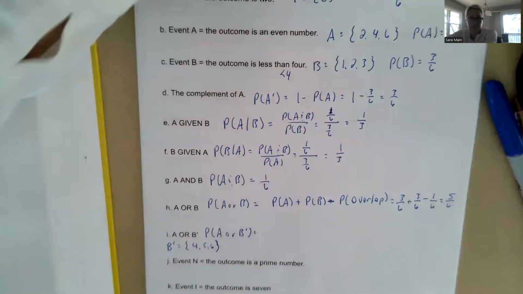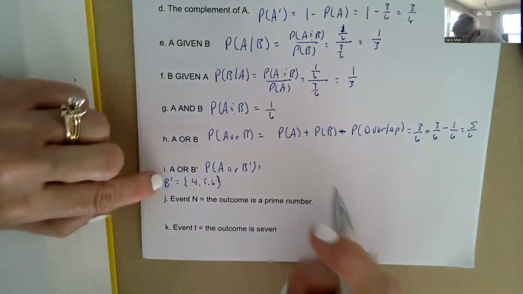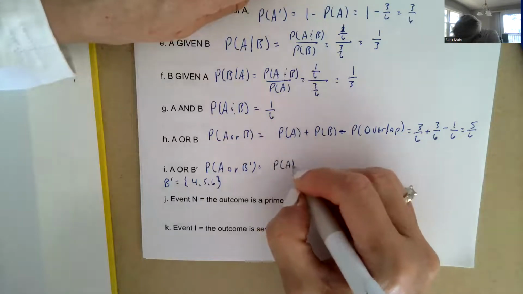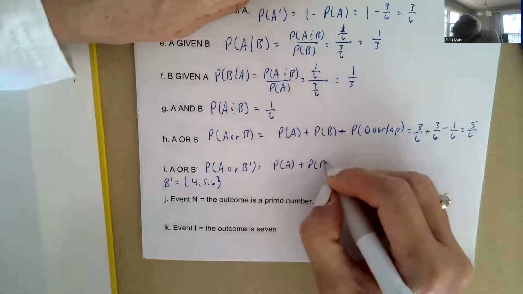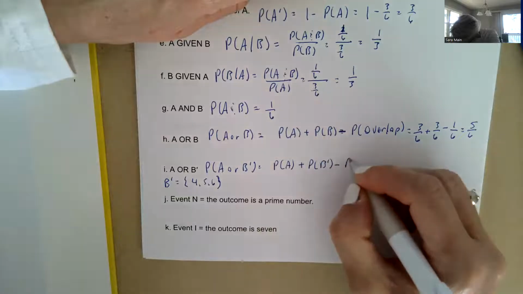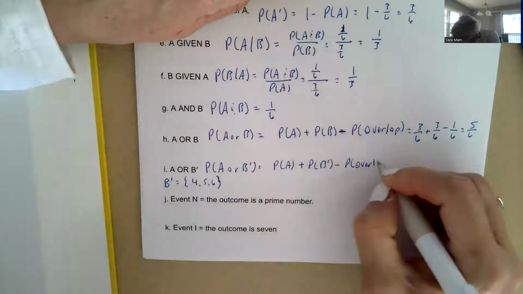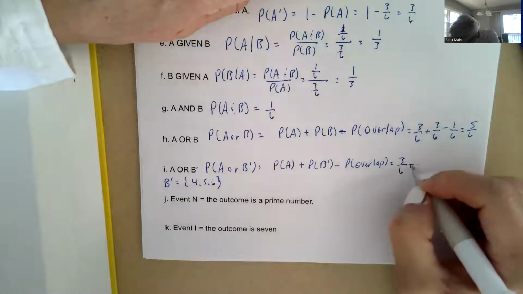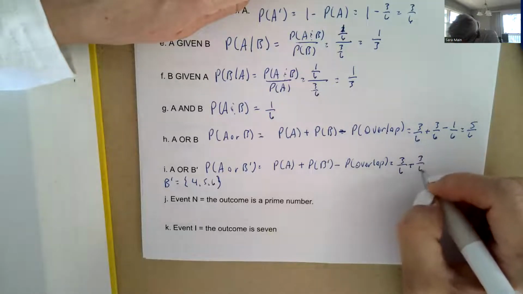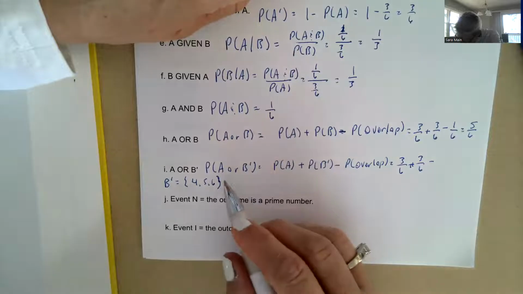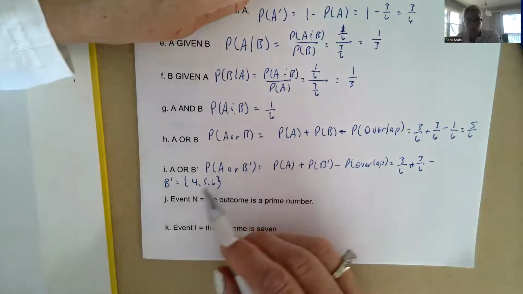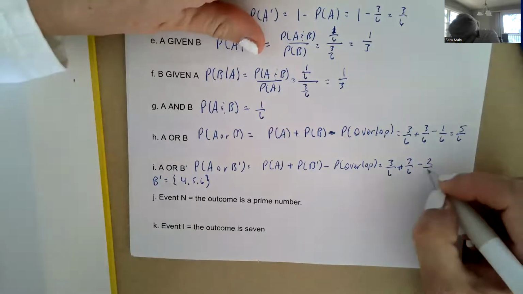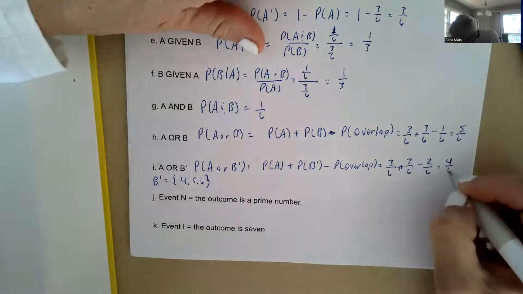So that means we have the probability of A plus the probability of B prime minus the overlap. So A is 3/6 plus B prime is also 3/6, but we have to subtract the fact that 4 and 6 are both in A and B prime. So 2/6 we have to subtract this time, so we end up with 4/6.